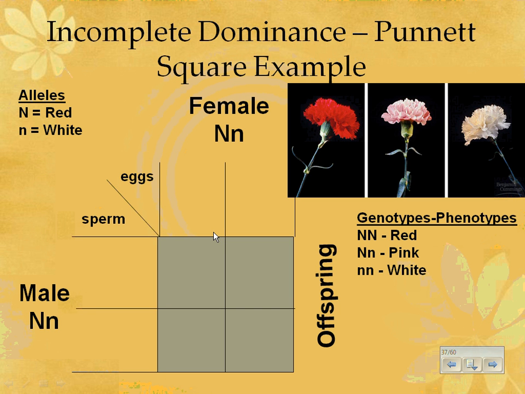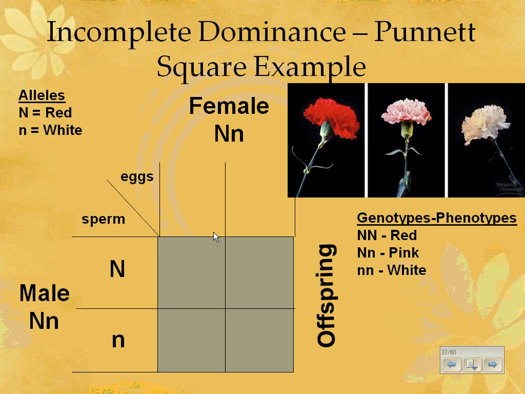So for example, we have snapdragons. In the notes, just substitute R's for N's here. Big R would be red, little r would be white, and big R, little r would be pink.